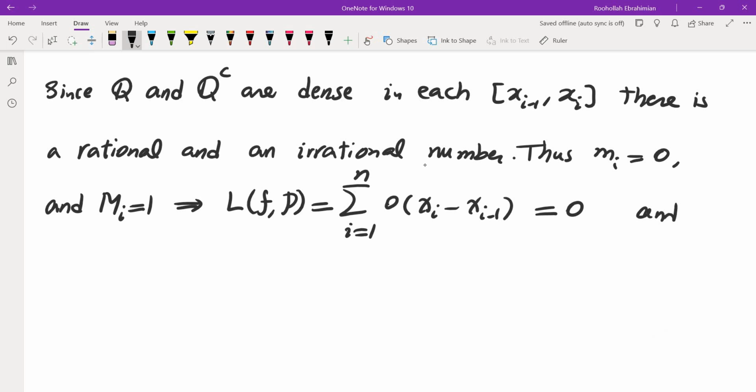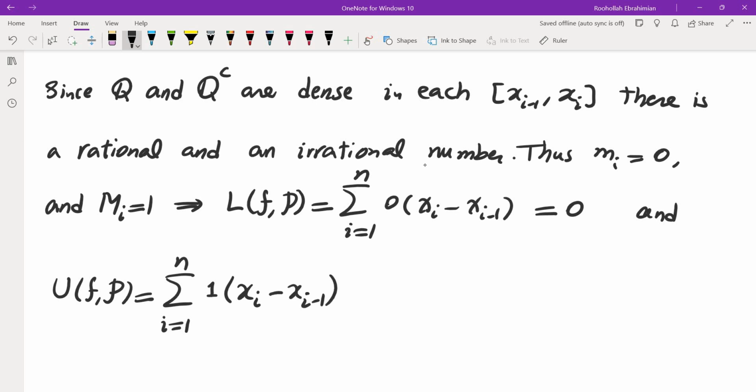And the upper sum of f, P would be the sum from i equals 1 to n of capital Mi, which is 1, times xi minus 1. This is a telescoping sum, like the one we did on the very first day of class. And this is xn minus x0, which is b minus a.